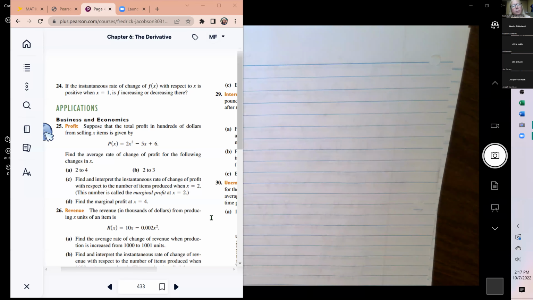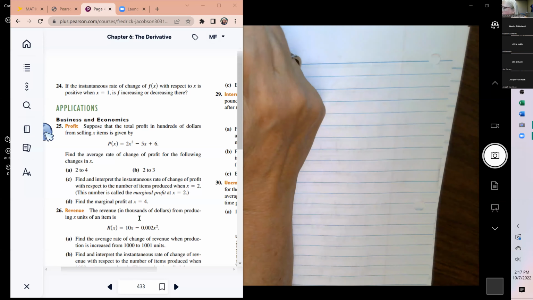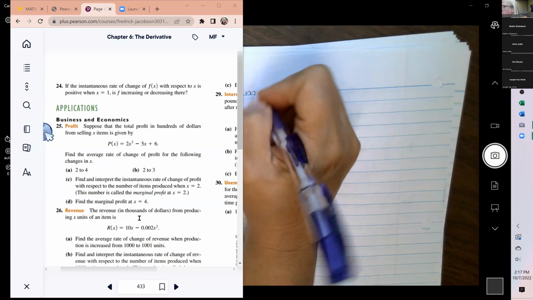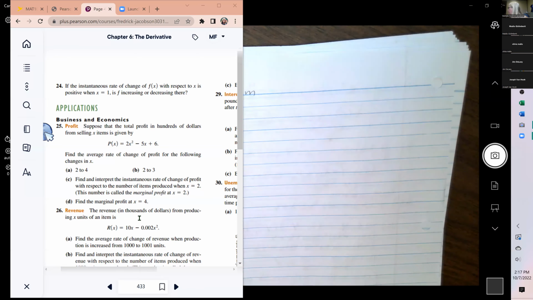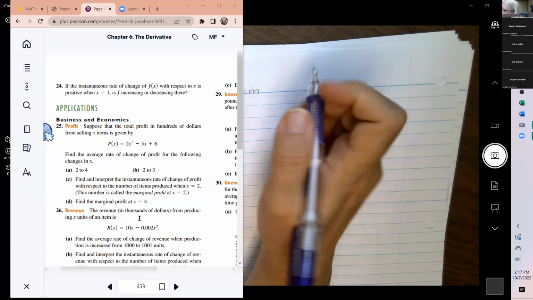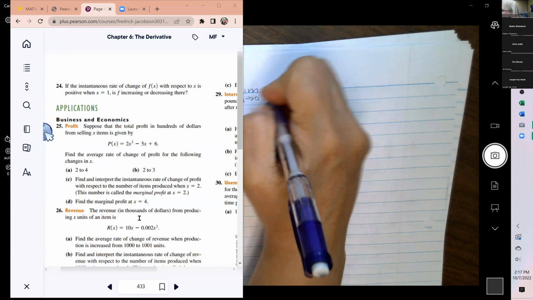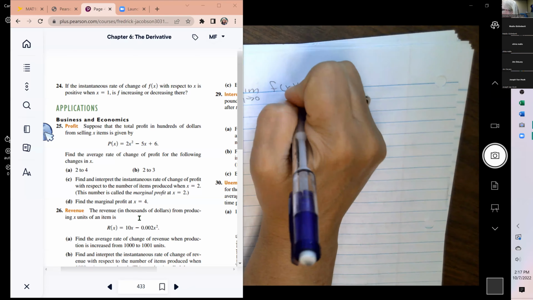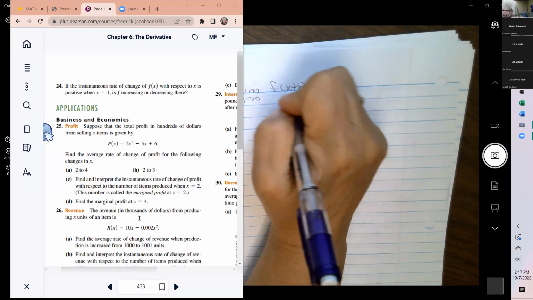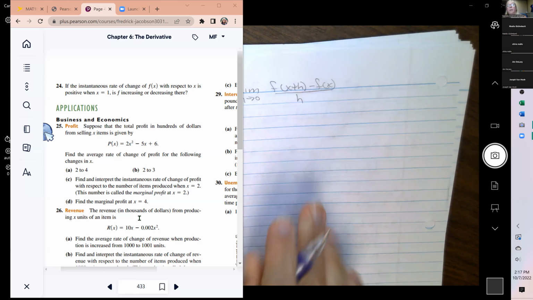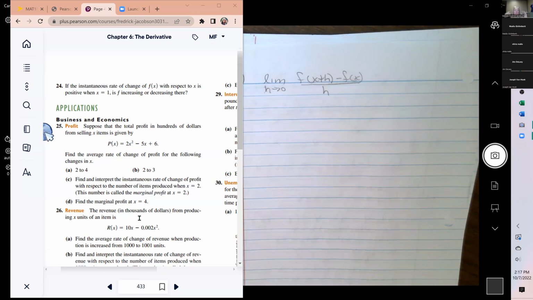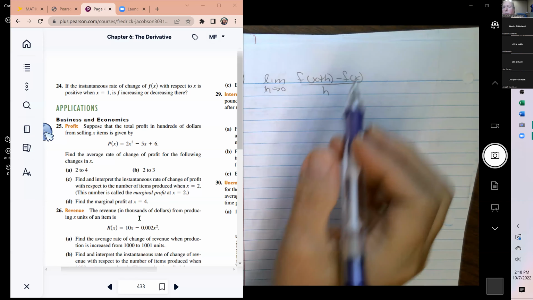Now notice they want us to do it at 2, and then they're asking the same thing at 4. So we will first find it at X. Now, this is the long version of the derivative, and so I'm trying to stay with simpler problems, because after your exam, you're going to learn the short version, and we won't use this again.